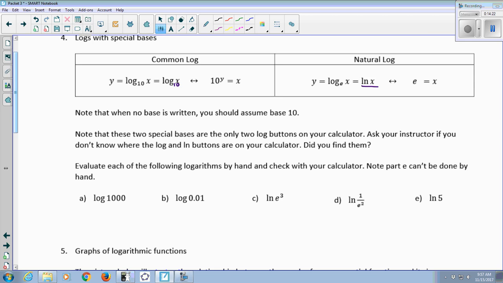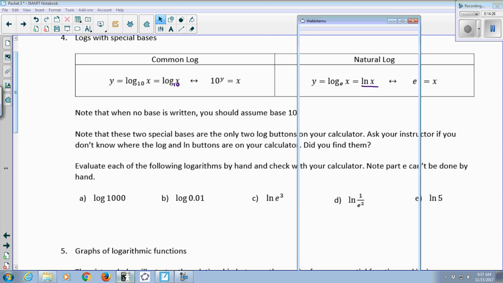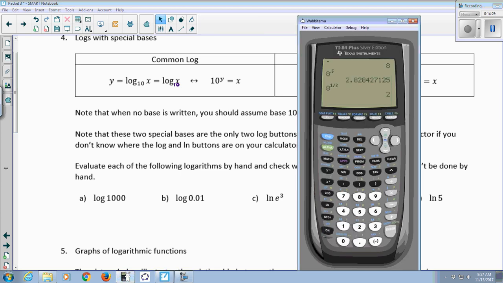So these two special bases are the only two log buttons on your calculator. Okay, so if I look at my graphing calculator here, we've got a log button along the left right here. And then we have the ln button right underneath it. So those are the only two log buttons on your calculator.